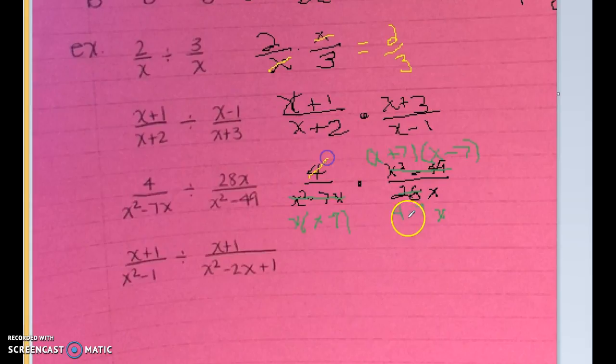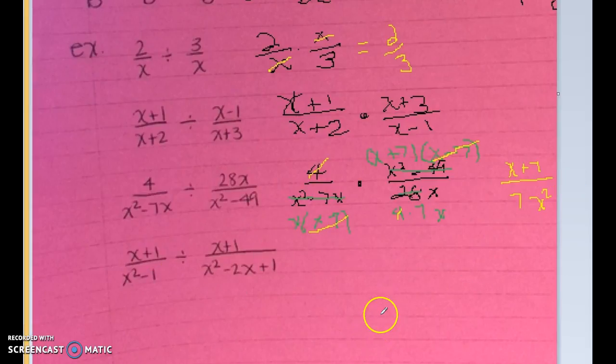We can divide out this 4 and this 4, and this x minus 7 and this x minus 7. That would leave us with (x plus 7) over 7x squared, because we have this 7 here, this x, and this x.